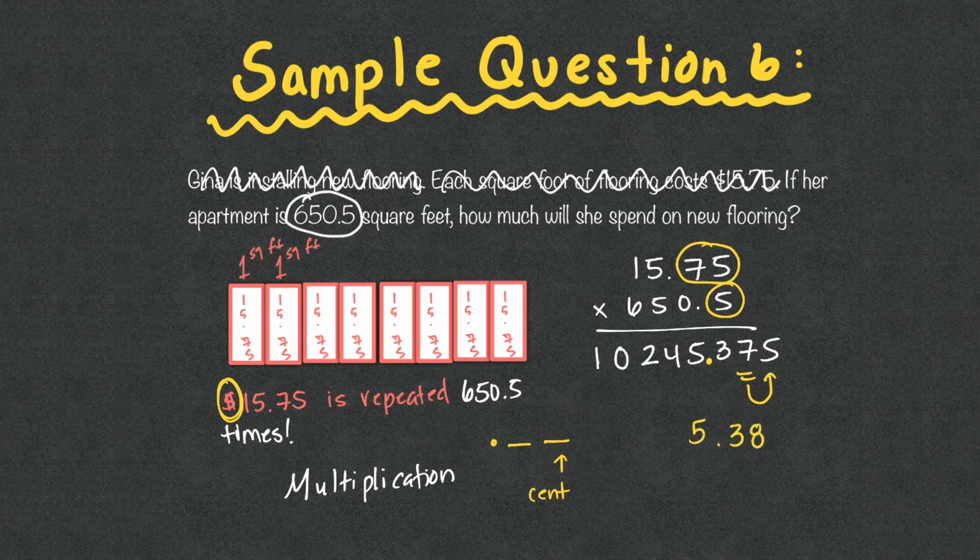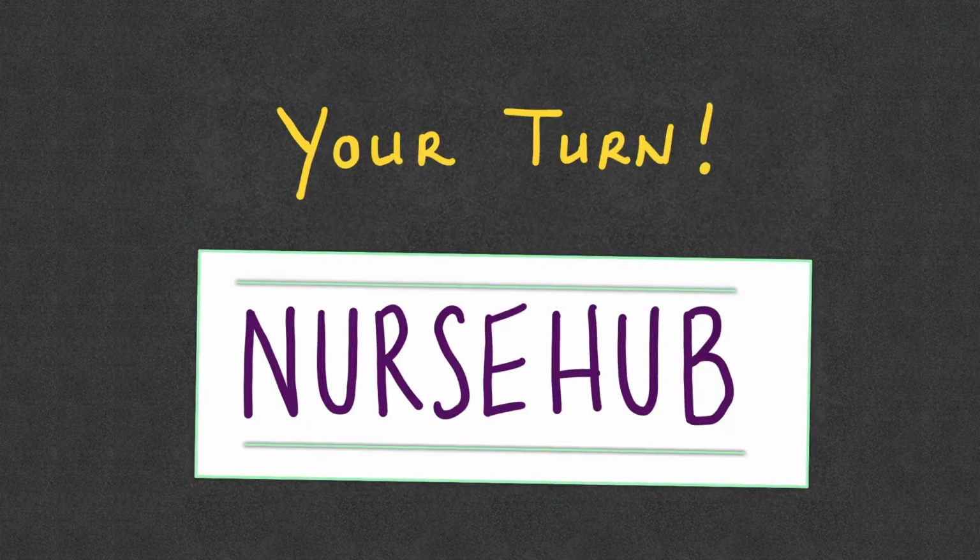Now, in this problem, it may not tell you to estimate, but it does require you to have knowledge of money, the decimal points behind money, and how that works. So here we go, $10,245.38. All right, it is your turn to go try these on your own.